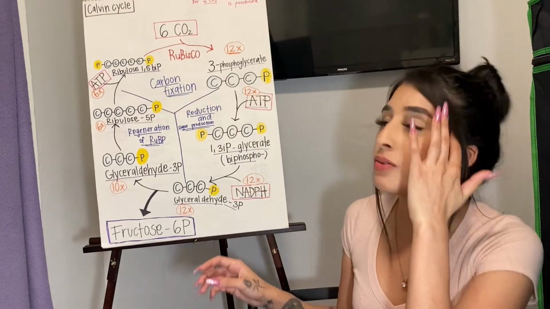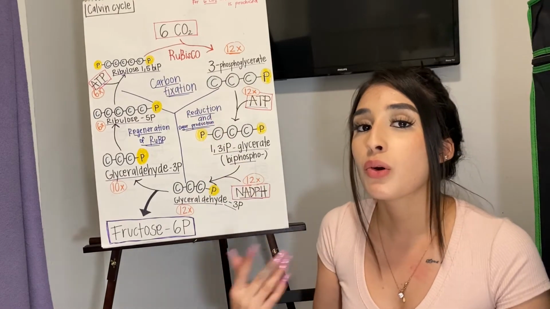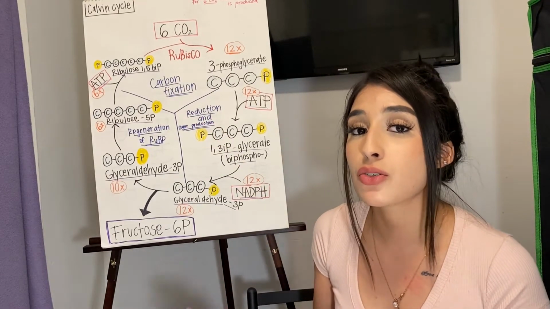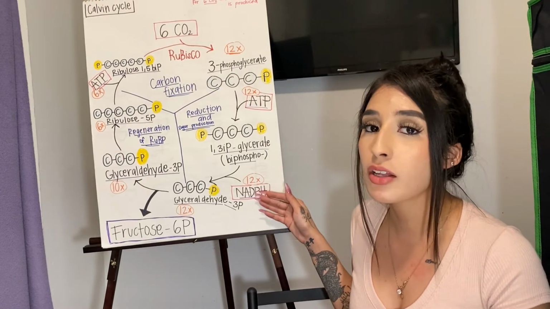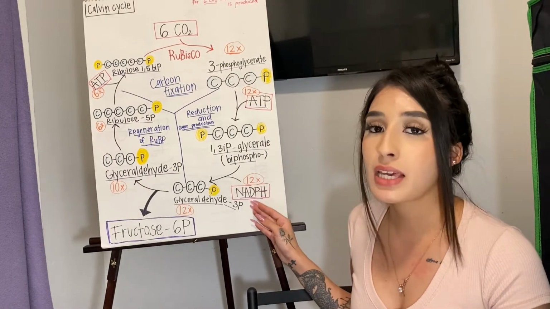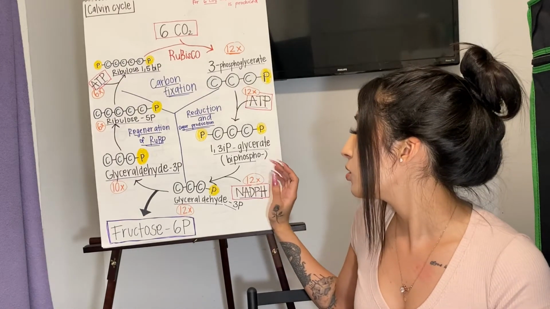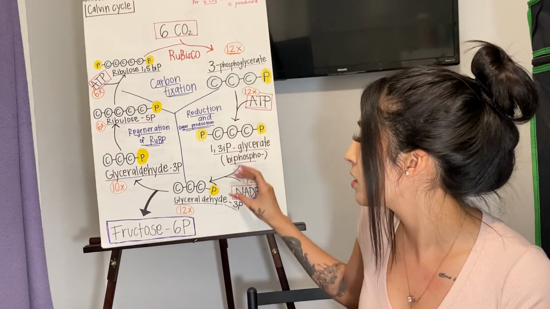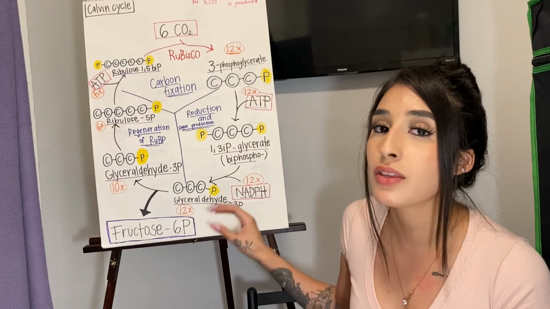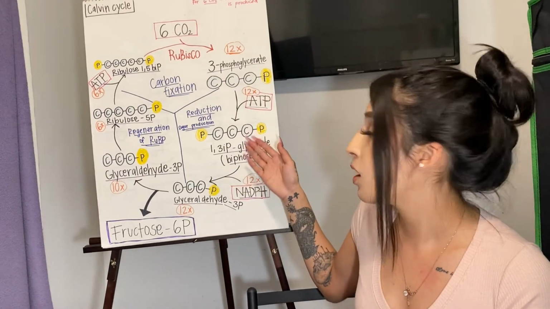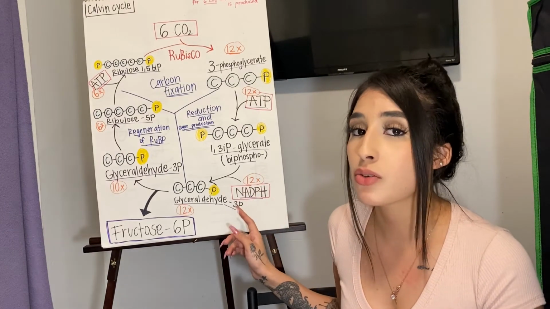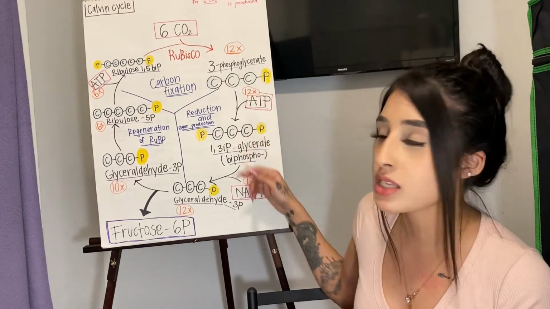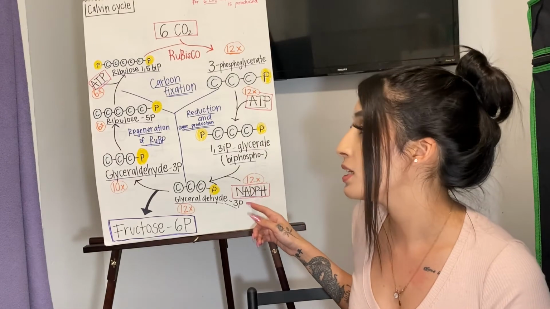So now we need to reduce this. What we can reduce with is a reducing power molecule, which would be NADPH. We need to add 12 of those molecules as well. We introduced 12 ATPs, so we introduce 12 NADPH.